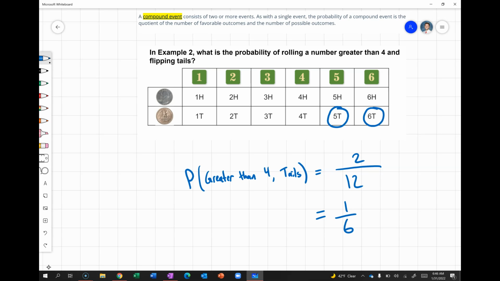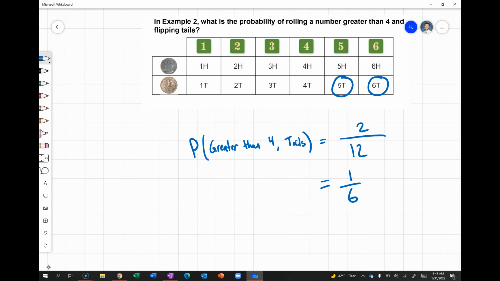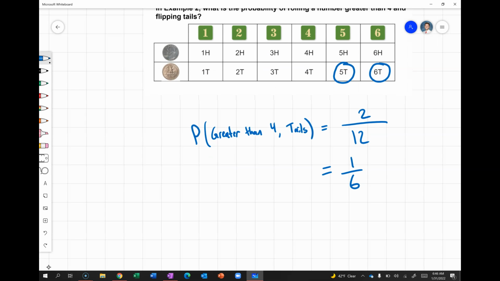Now, we can also use that counting principle to do the same thing. We're doing 2 different events here. The probability of first rolling a number greater than 4, you've got 5 and 6, so that's 2 out of the 6 numbers. That's 2/6, which is 1/3, and we multiply that by the probability of flipping tails.